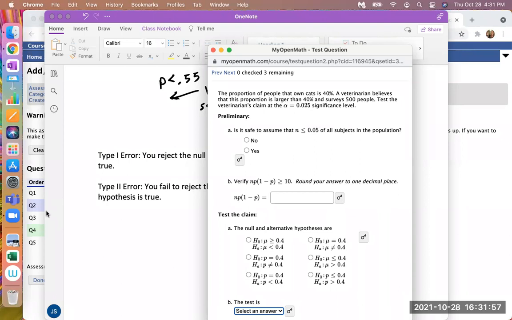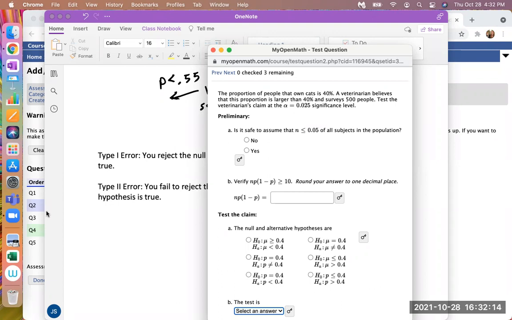the population? Little n is always the sample size, and capital N is the number in the population. So the sample size is 500, and they're talking about people who own cats.